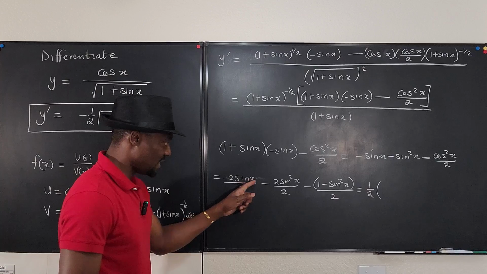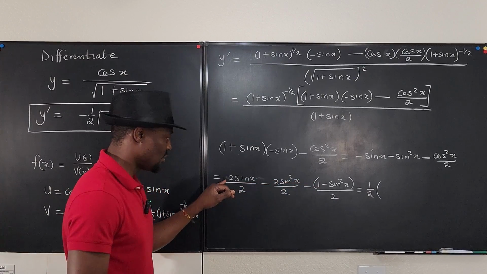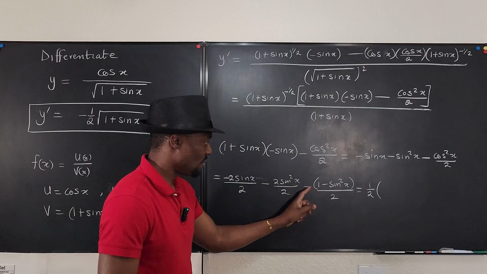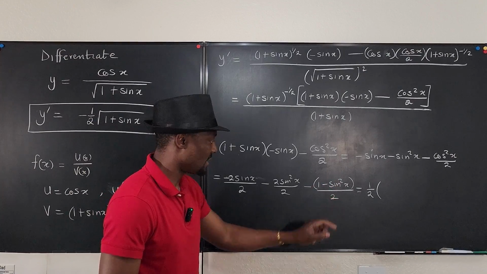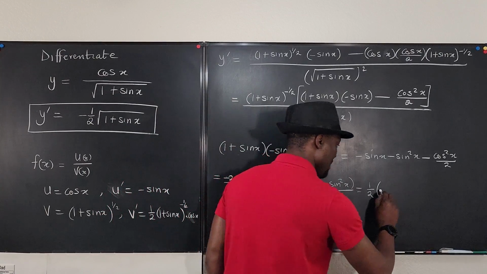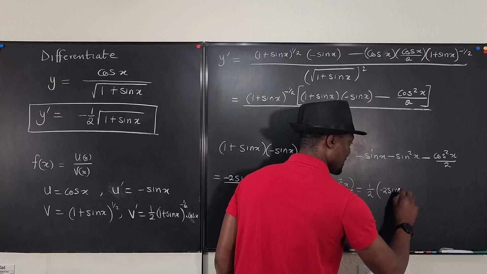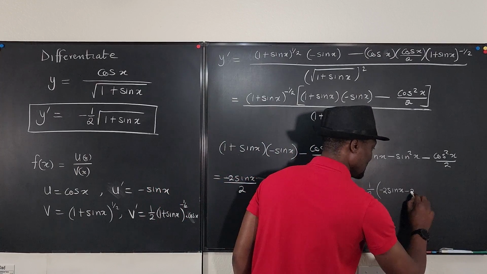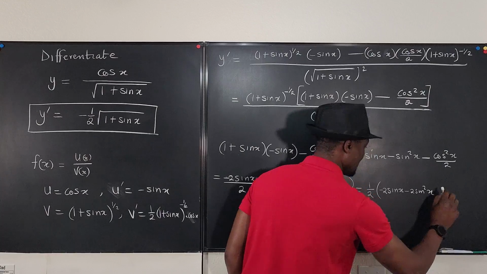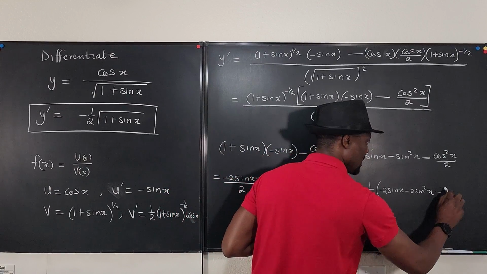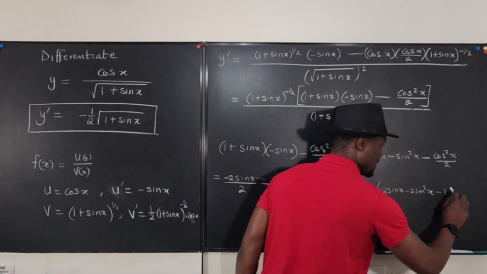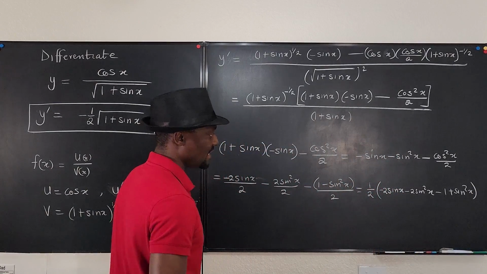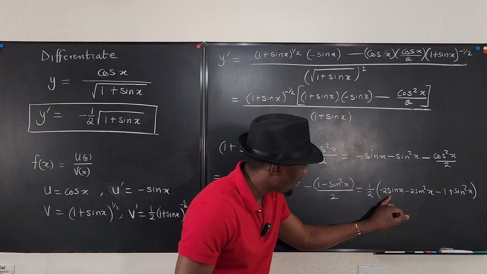And then put all of these together. This would be 2 sine x minus 2 sine squared x, and this would be minus 1 plus sine squared x. So that's minus 2 sine x minus 2 sine squared x minus 1, and this becomes plus sine squared x. Okay, let's simplify the inside.